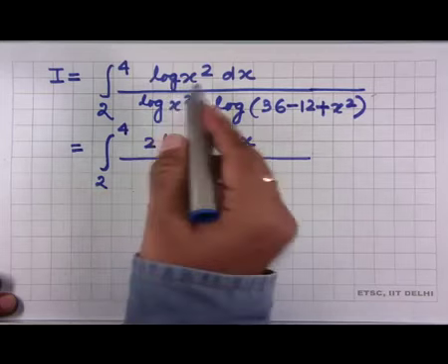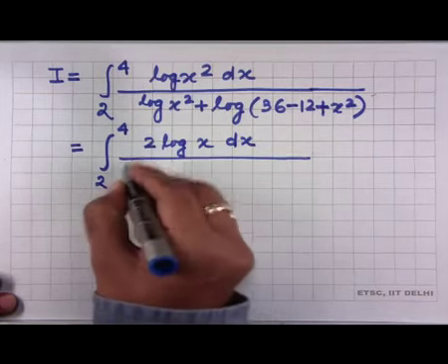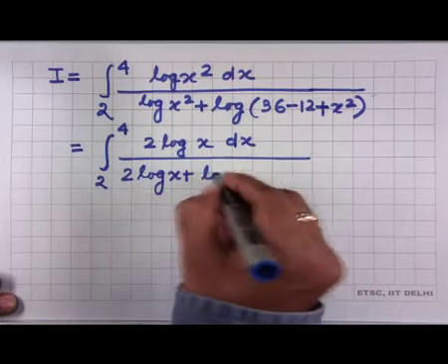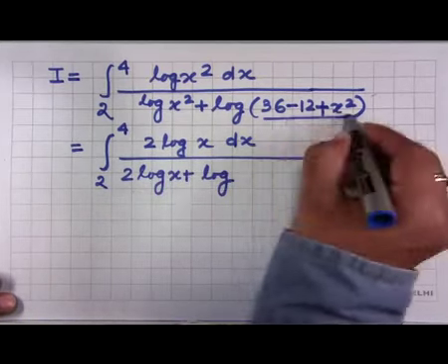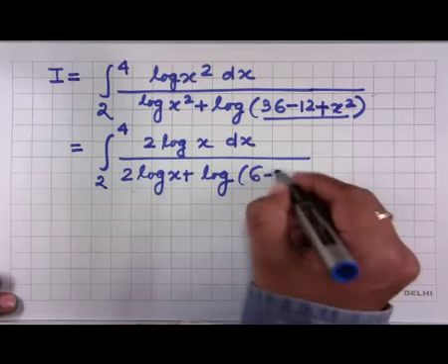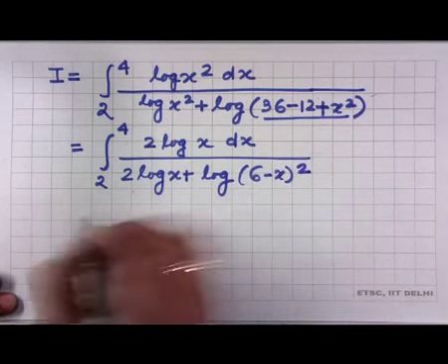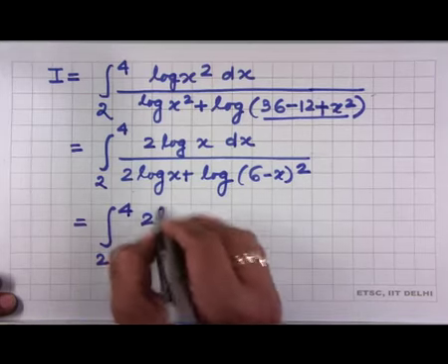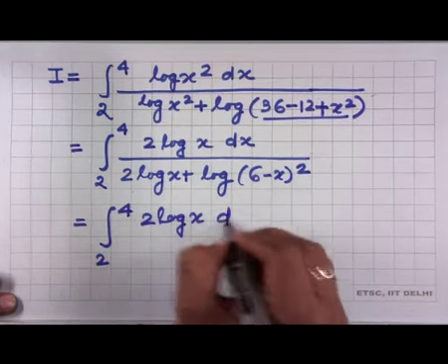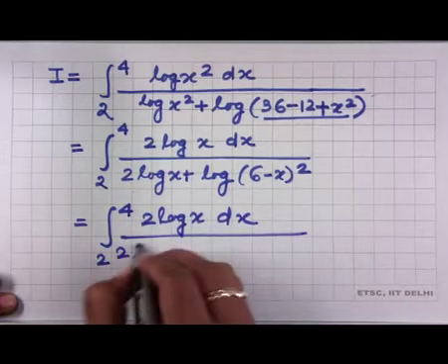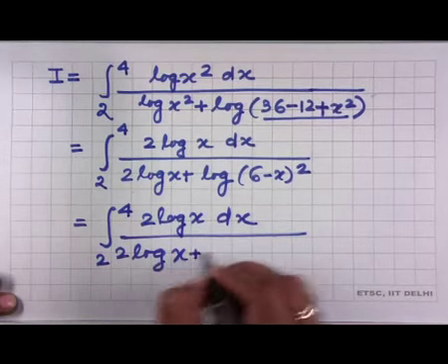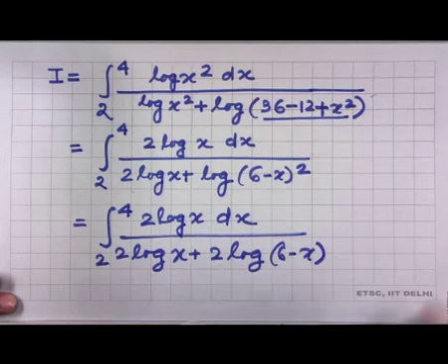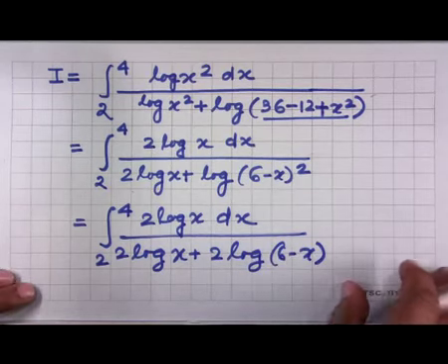So we know that log m power n is n log m, so we get this. Here you can write this as 6 minus x whole square. So this will give us, and 2 gets cancelled.